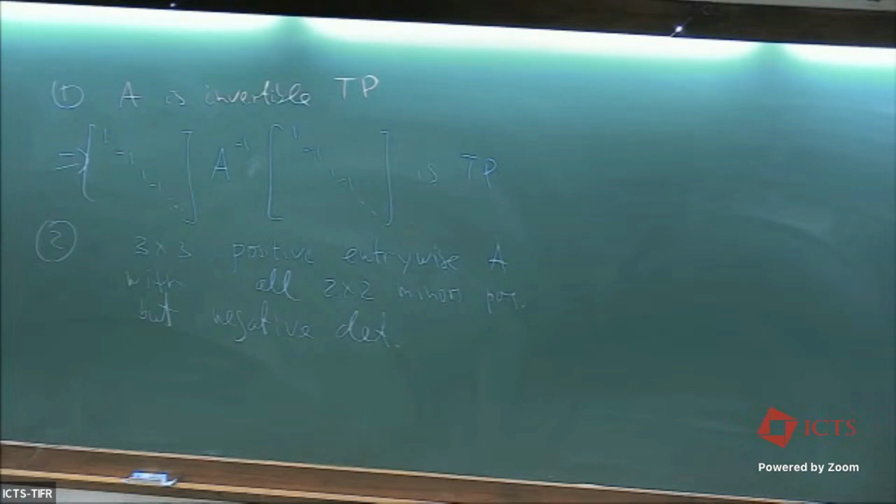So what you showed was that you conjugated by a diagonal matrix such that it becomes symmetric, and then you said it's still positive. So I think you were proving the implication this way?